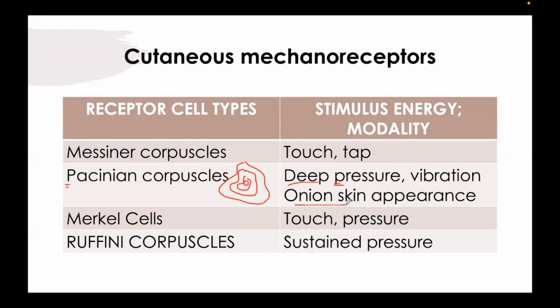Okay, the Pacinian corpuscle looks like an onion. Now the Merkel responds to the modality of touch as well as pressure, but Pacinian is deep pressure. The Ruffini corpuscles respond to the modality of sustained pressure.